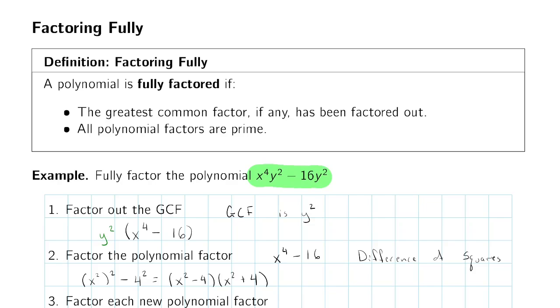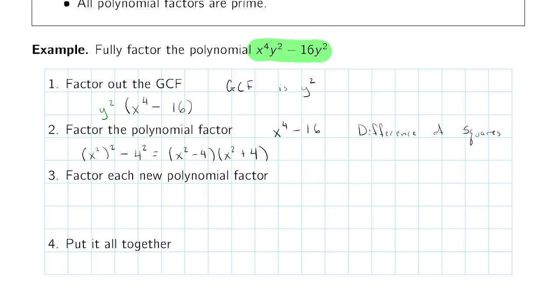Okay, so our greatest common factor is dealt with. We've now factored our x to the fourth minus 16. But now we have some new polynomial factors, and we want to see if they are prime. My first polynomial, I have x squared minus 4.